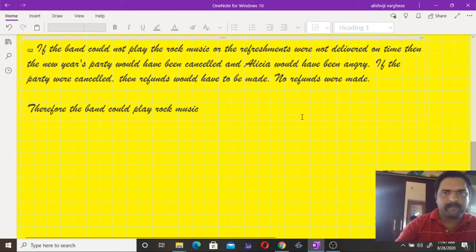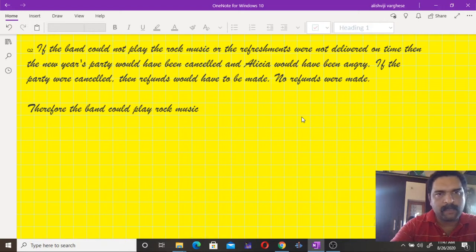So here a statement is given: if a band could not play the rock music, or the refreshments were not delivered on time, then the New Year's party would have been cancelled and Alicia would have been angry. If the party was cancelled, then refunds would have to be made, and no refunds were made, and therefore the band could play the rock music.